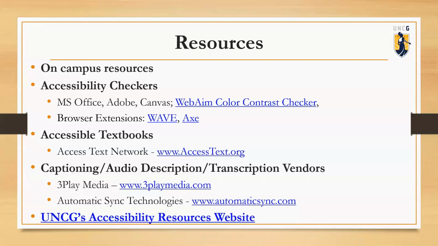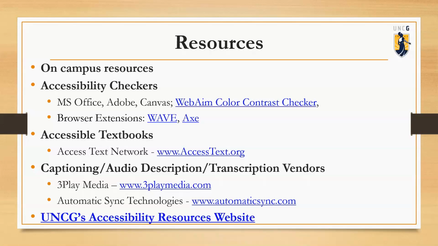Specifically, in a lot of software, there are, as I mentioned before, accessibility features. There are some accessibility checkers in Microsoft Office, Adobe, and Canvas. There's also WebAIM, which has a color contrast checker. There are browser extensions, which go well beyond what you would find in Microsoft Office or Adobe or Canvas.